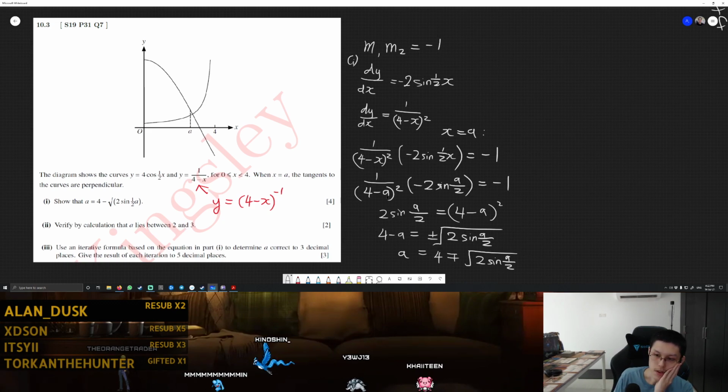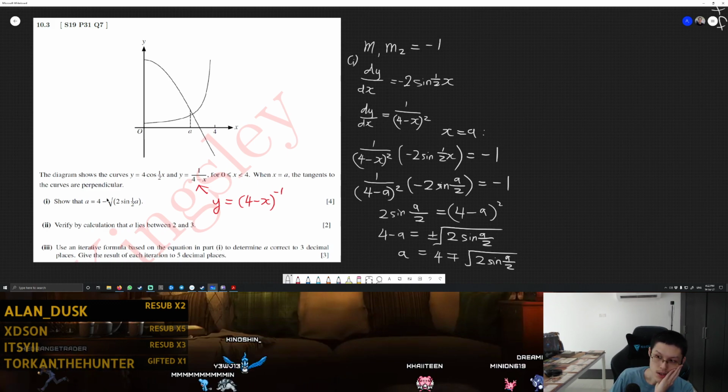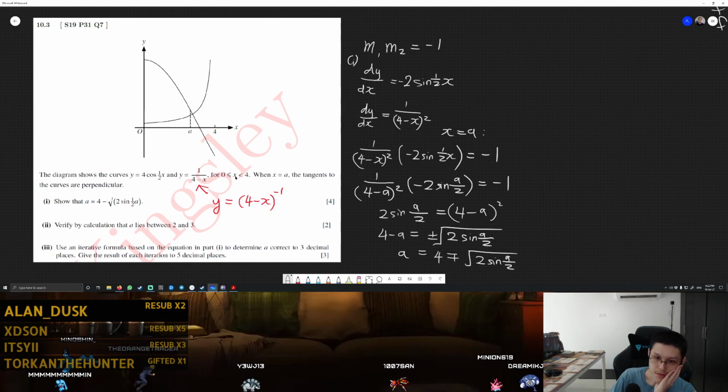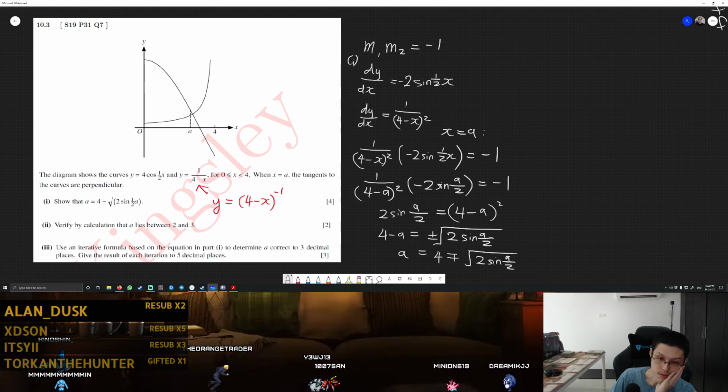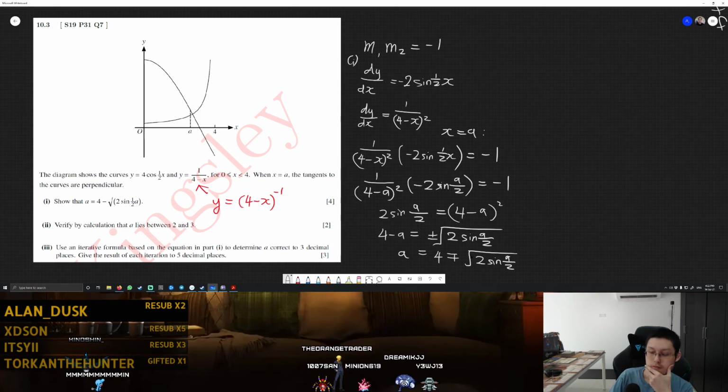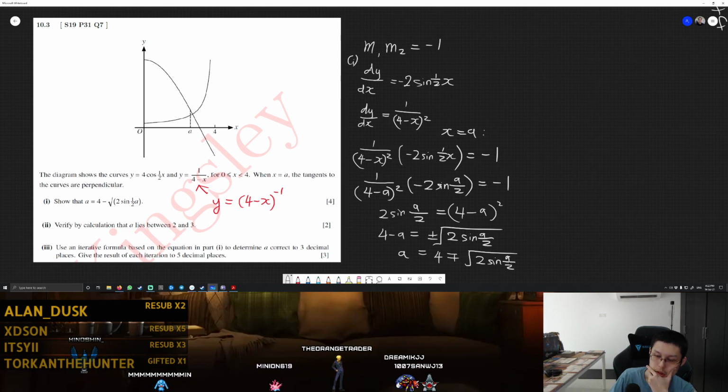And do we retain the negative or positive sign? Well, if you look at the question, they have a negative sign. So hint, hint, wink, wink, you should retain the negative sign. But why do you retain the negative sign and not the positive sign? Well, let's see. What if we get a positive sign here, and a is some positive value, 2 sine of that, square root.